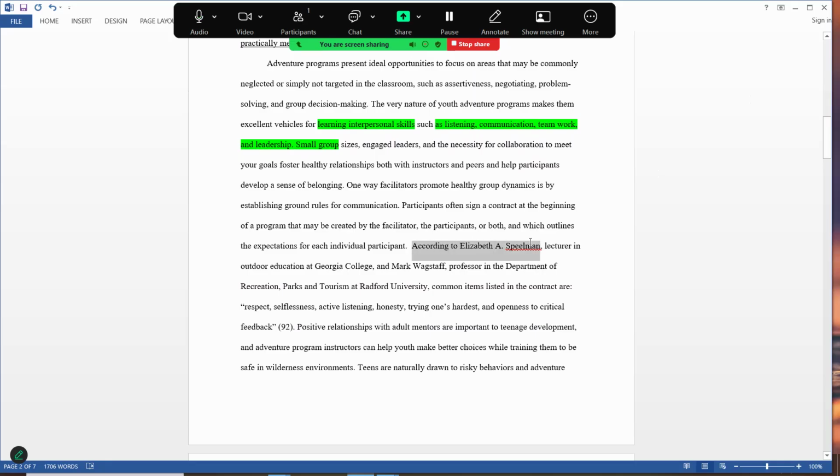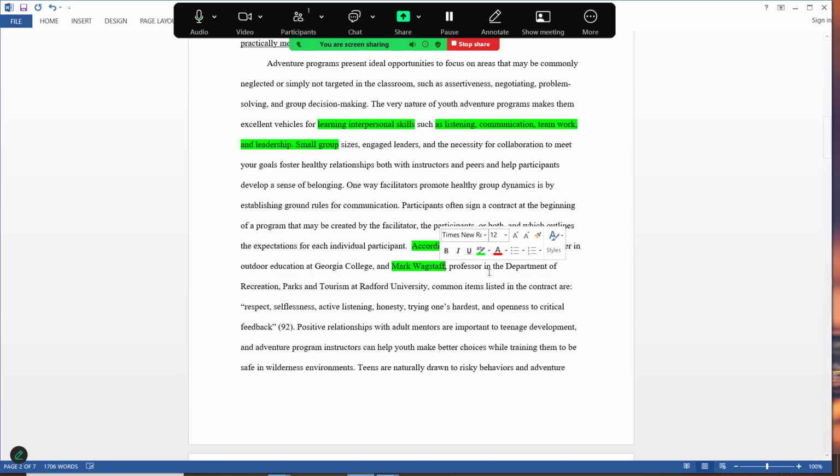And now she's going to bring in Elizabeth A. Spielman. And she actually gives us, again, she's telling us how Elizabeth Spielman is an expert. She's giving us a glimpse of why we should listen. Actually, I'm sorry. She actually has two people here, Spielman and Wagstaff.